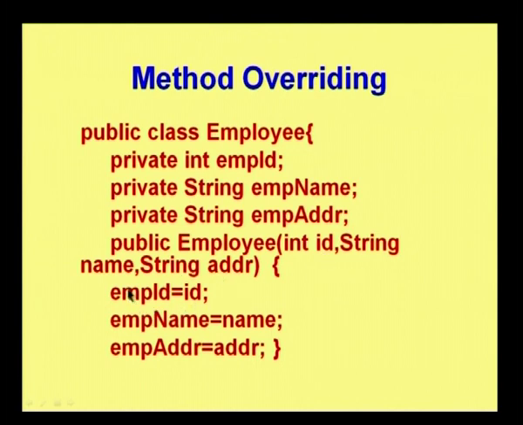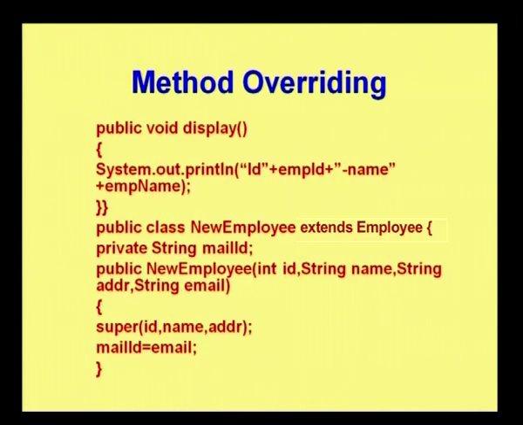Here we have not used the keyword this because the variable names are different. What we pass in the parameter list is different from the variables declared, and you can notice that we have private variables and the method is public. This is a constructor, so of course it should be public. Now we have a display method, where we display the ID and name of the employee.